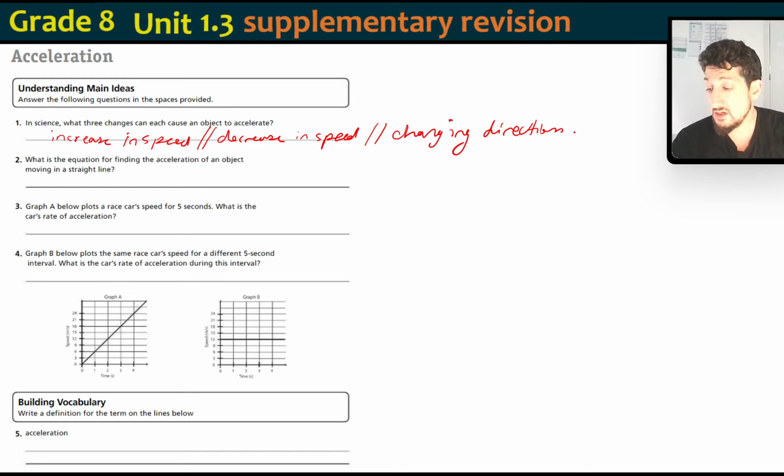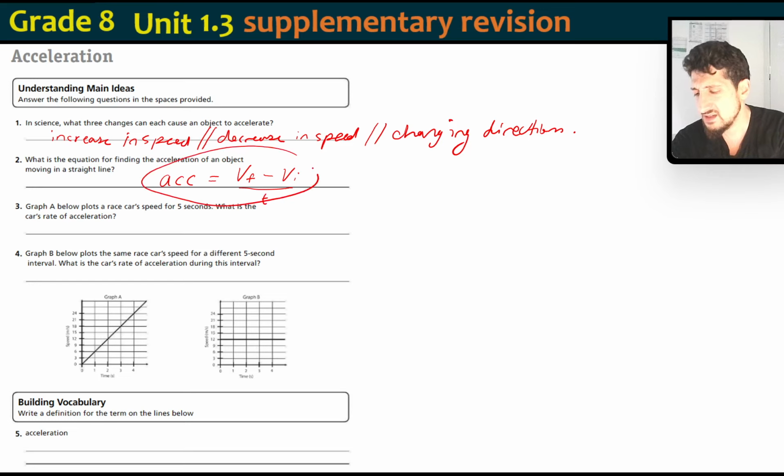What is the equation for finding the acceleration of an object that is moving in a straight line? Of course, acceleration is equal to final velocity, or final speed, minus initial speed, all over time taken. Now, some of you might be thinking, what are these symbols? They're very difficult.